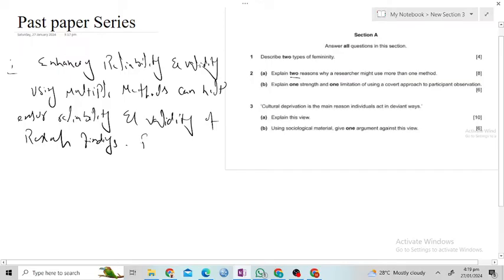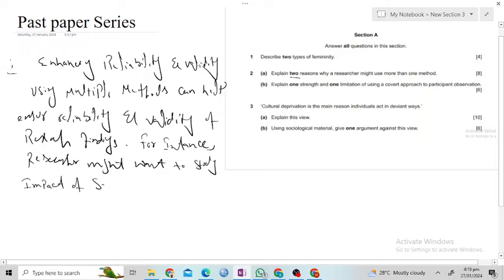For instance, a researcher might want to study the impact of social media on kids or children.